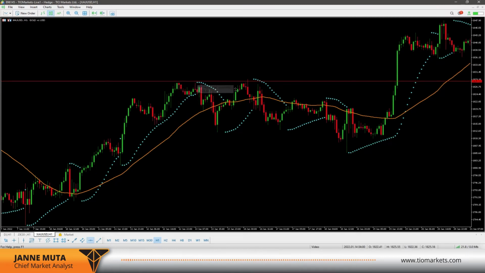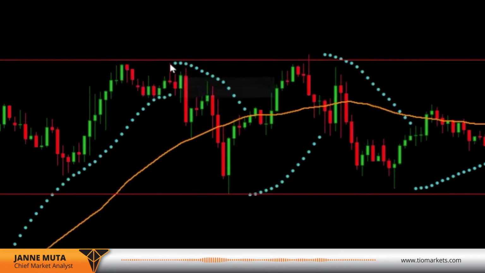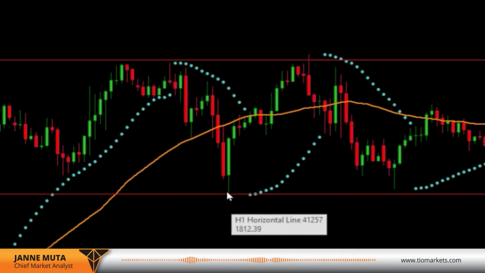One, two, three touches in this area, and gold wasn't able to move higher than this. This is an hourly chart in gold. Then the market retraces lower, and I think it's safe to say that after two touches here and one touch here, and then a rally to the same level, now we have a range established.